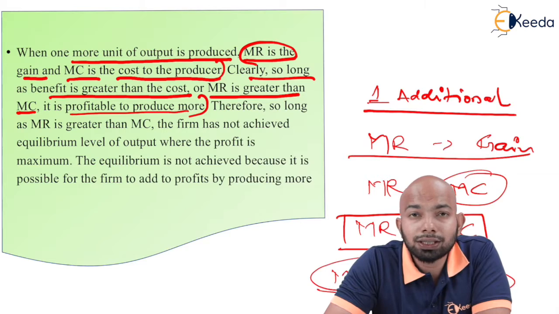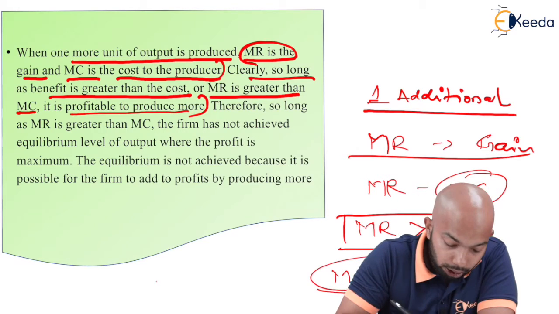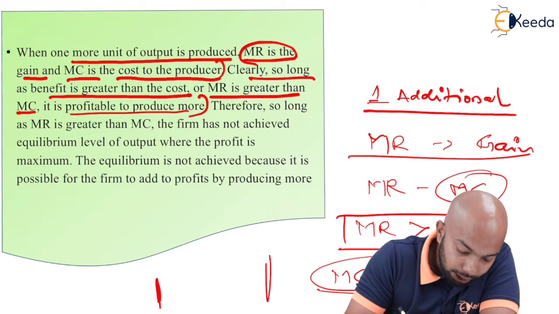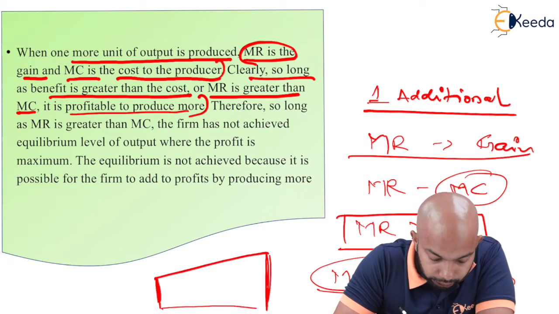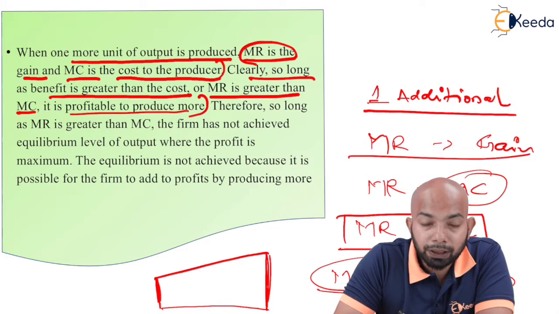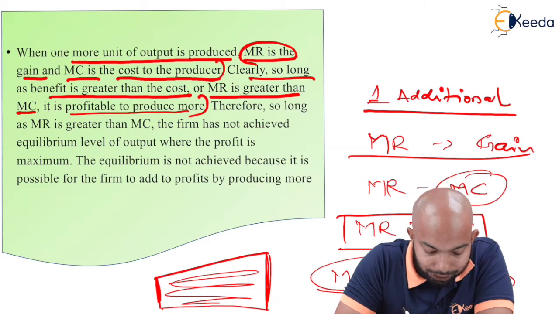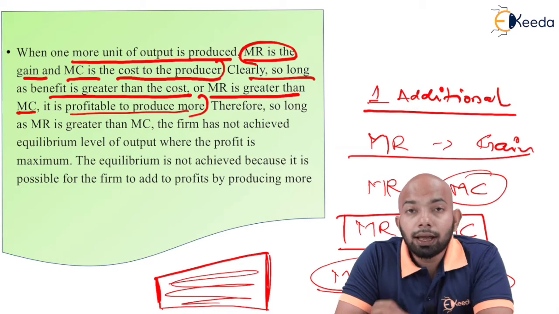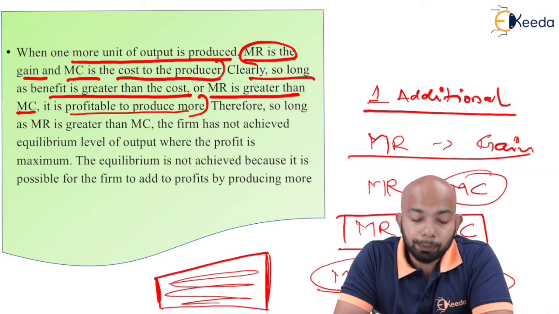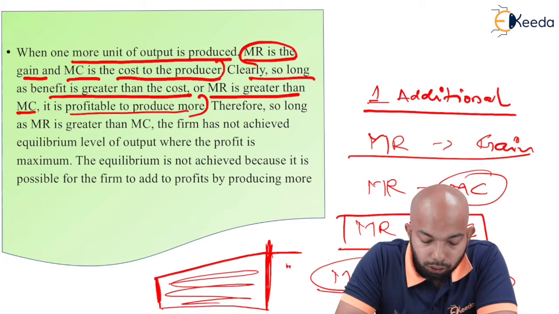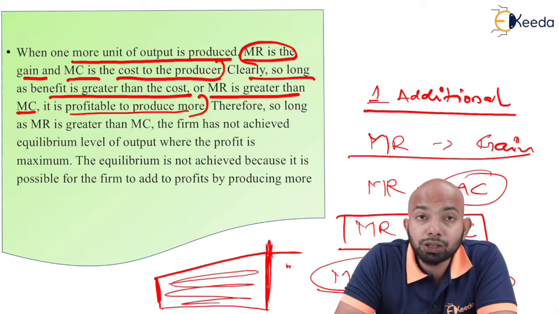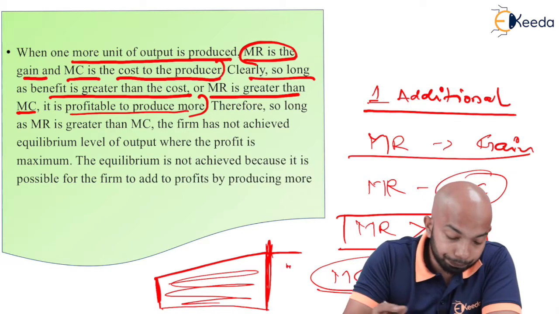This is the maximum. This is the start, this is the end. Only output between these points can be produced, and nothing more, because the moment you go outside this barrier, your marginal cost will keep on increasing and marginal revenue will keep on declining.